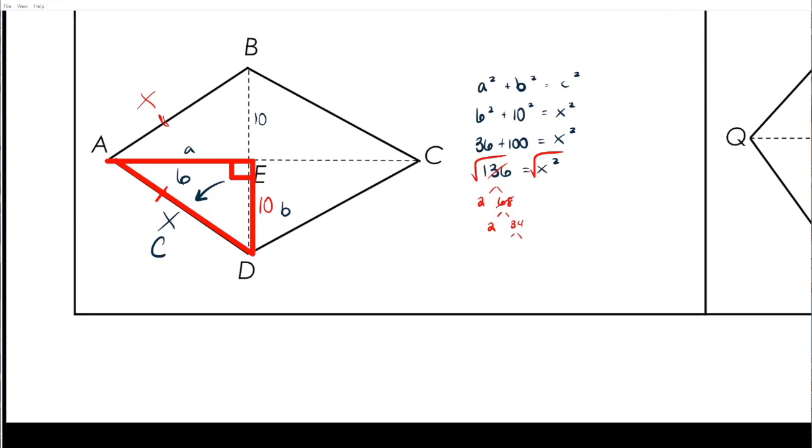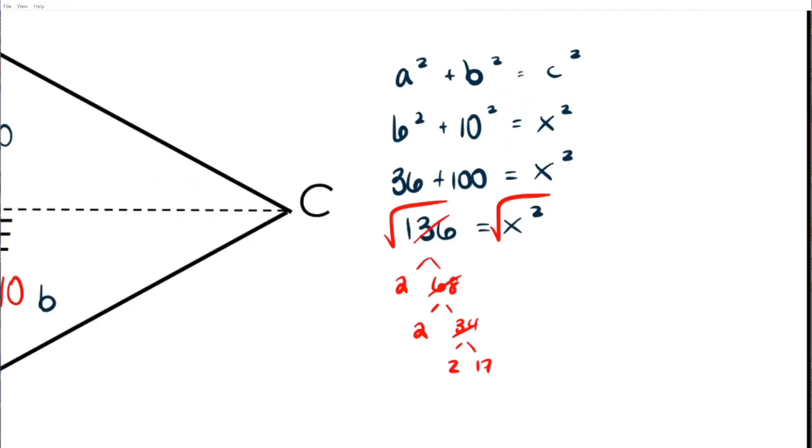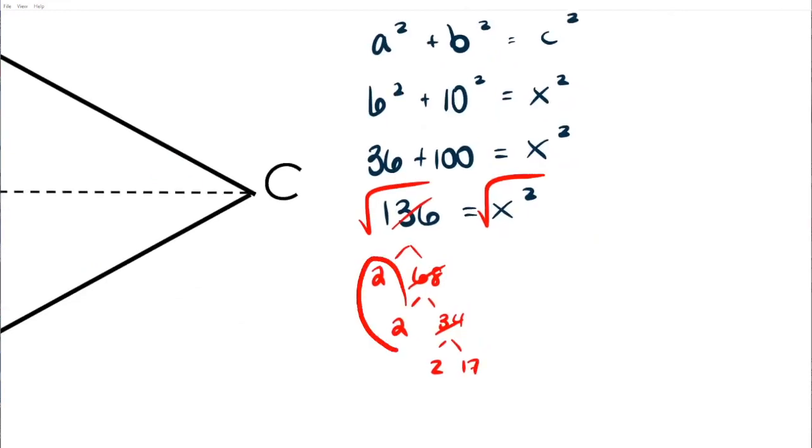And 34 is 2 and 17. Okay. This is where we look for pairs. We got one pair of twos. So that one comes out.